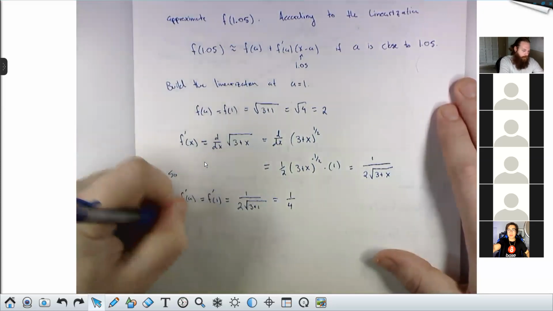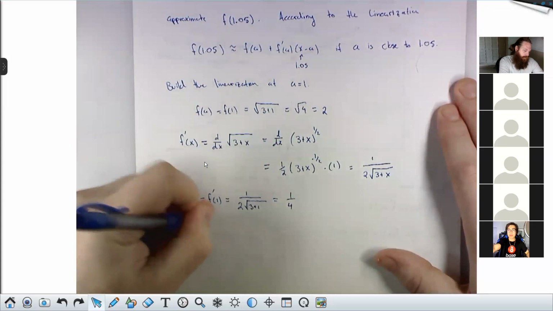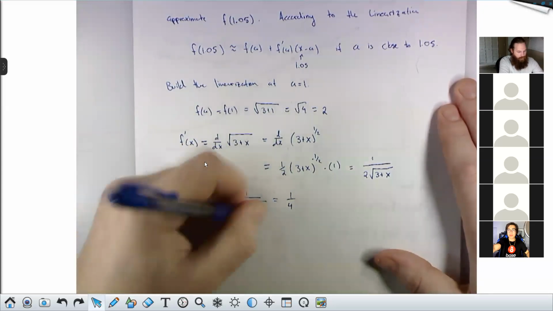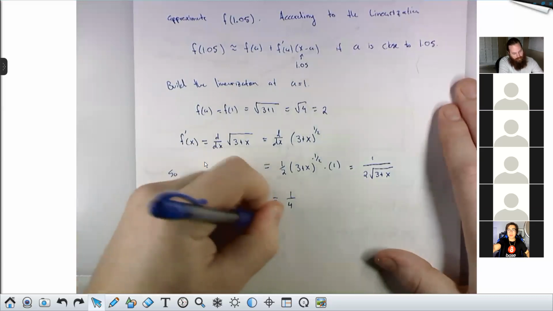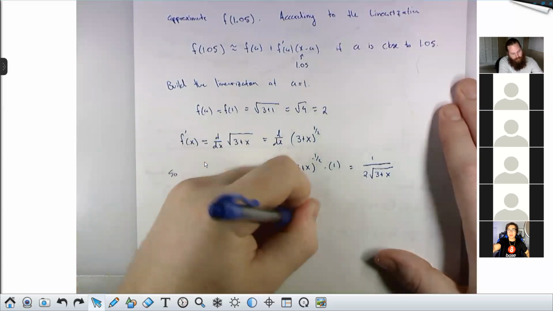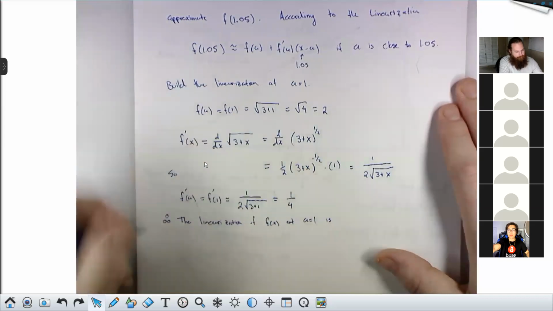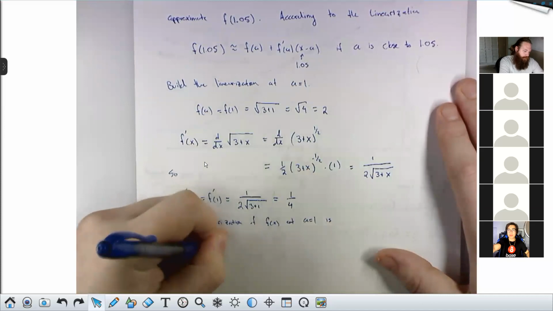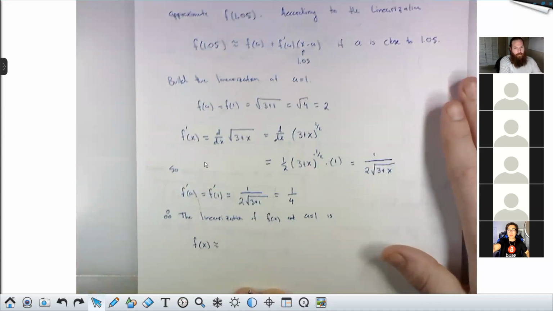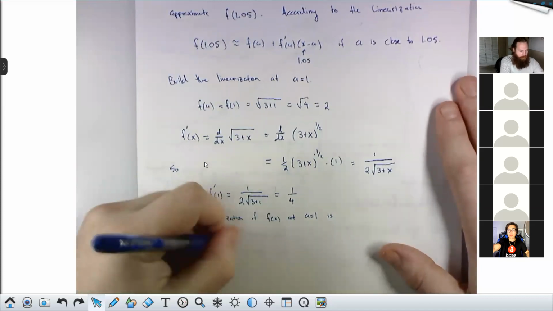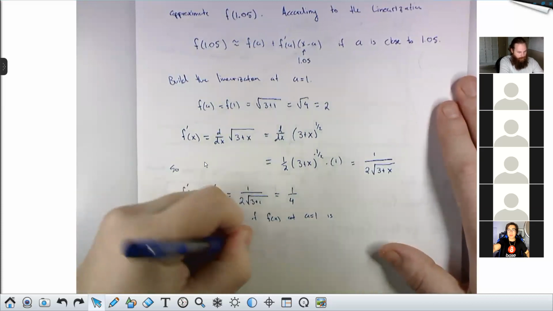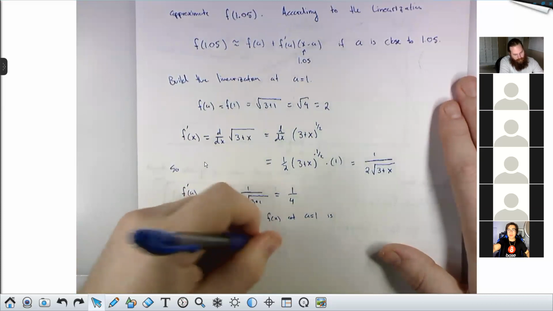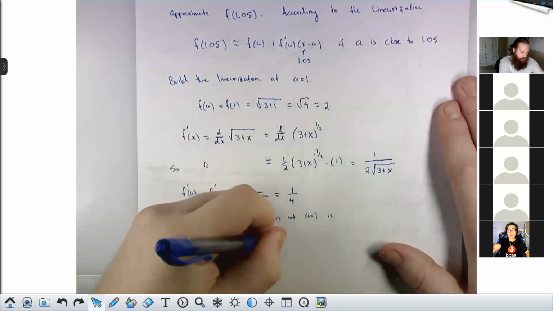Therefore, the linearization of f of x at a equals 1 is f of x is approximately equal to f of a, which is 2, plus f primed of a, which is 1/4, times x minus 1.